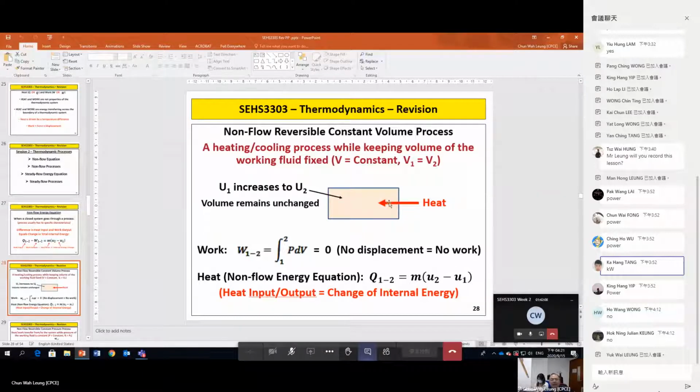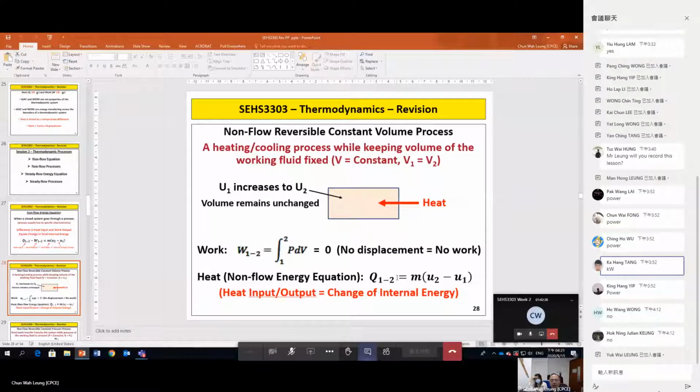If the fluid inside is a gas, then it's simple, because U can be rewritten into CV times T. So therefore, this side becomes mCV(T2 minus T1). In other words, if we know T1, if we know T2, then we can work out heat transfer.